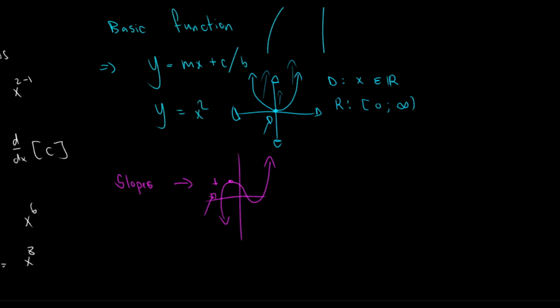Over here, we have some maximum point. The slope is going downwards, so therefore the slope is negative. And when the function goes up again, at this point, which is our minimum, the slope is positive again. So we have a change in the slope: positive, negative, positive.